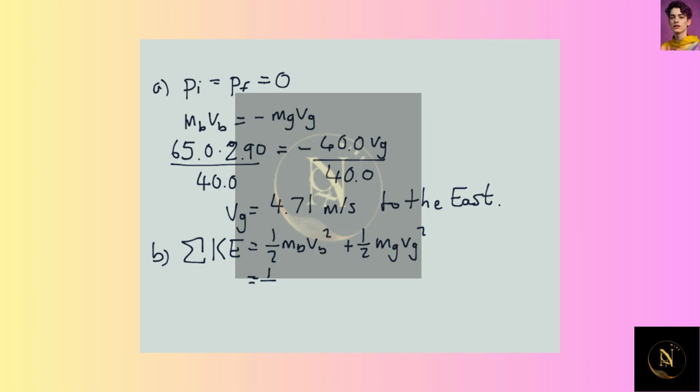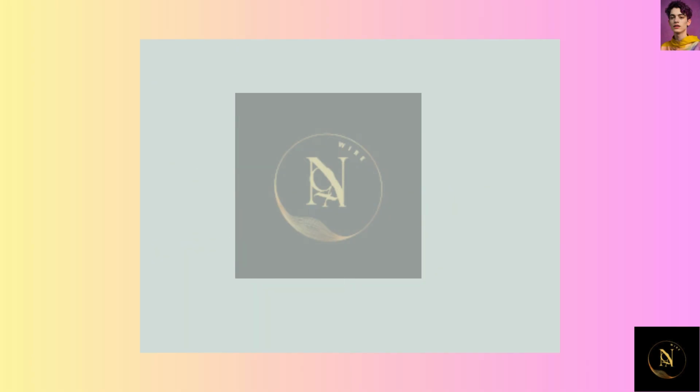We have 1/2 times 65 times 2.9 squared plus 1/2 times 40 times 4.71 squared. Adding those up will give us 717 joules. Fantastic.